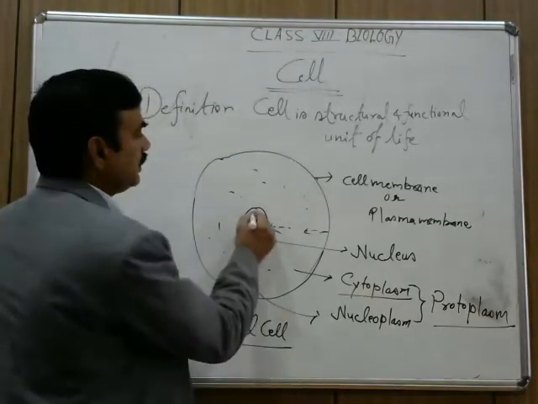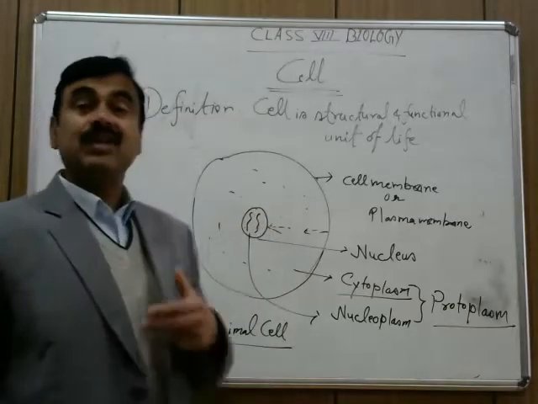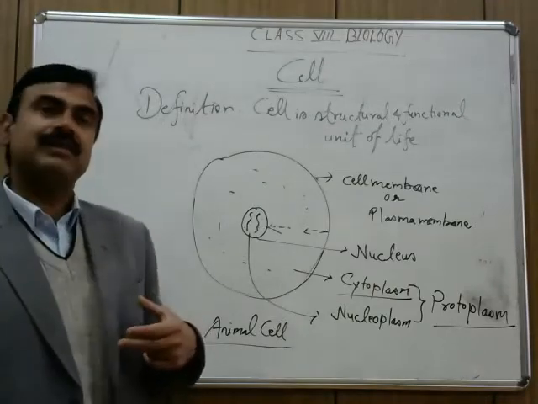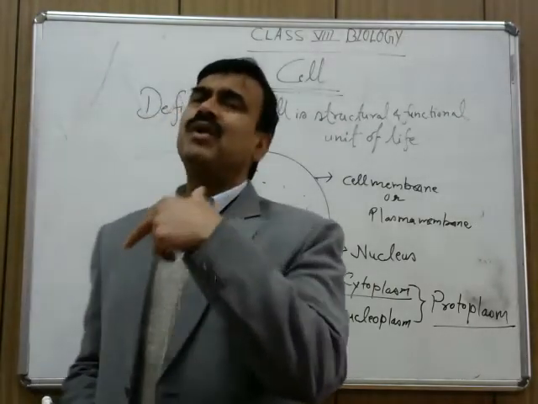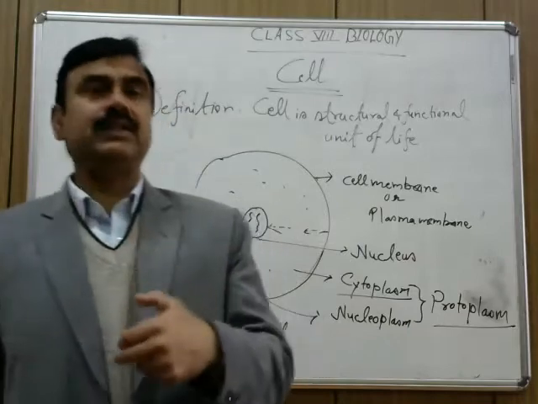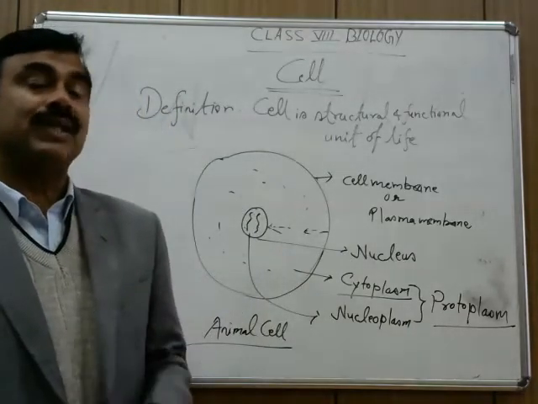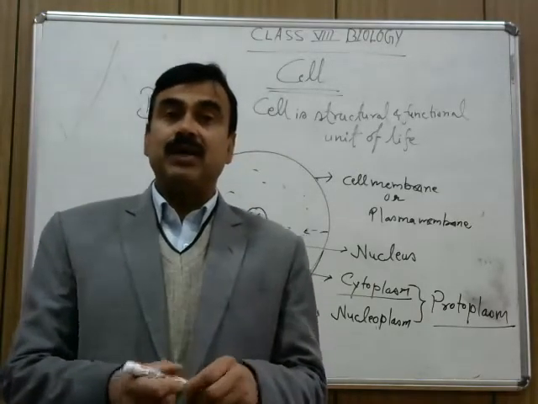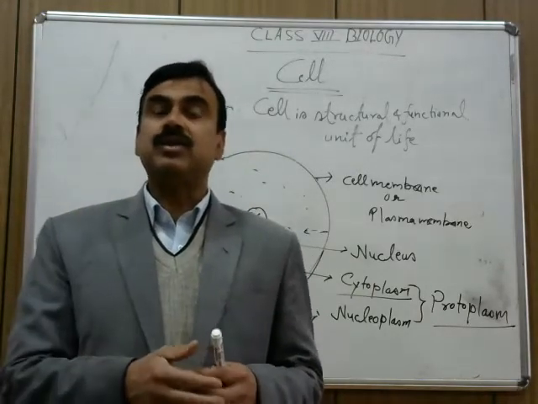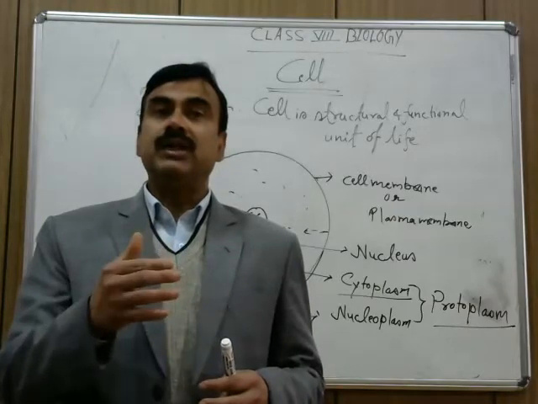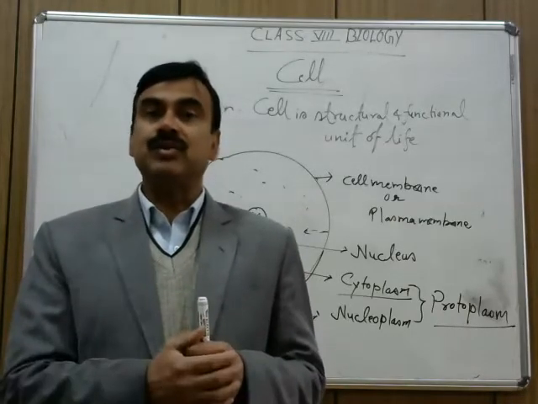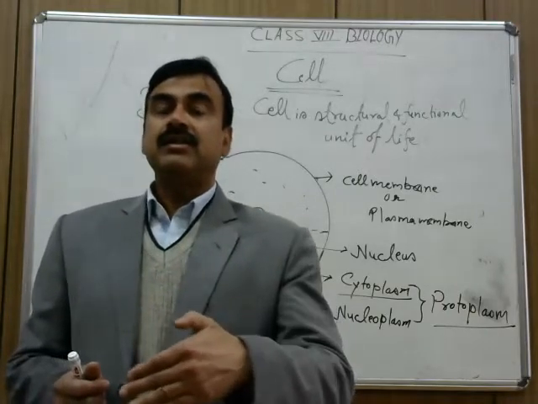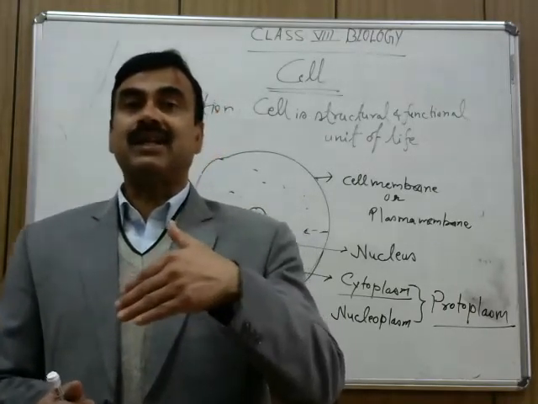Now I am going to draw this structure. Inside the nucleus, you will see the thread-like structures which play a very important, vital role in the cell. Chromosomes: there are 23 pairs of chromosomes, and in the chromosomes, as you have heard, in one chromosome there are 40,000 genes, and genes are segments of DNA. Genes carry the character.